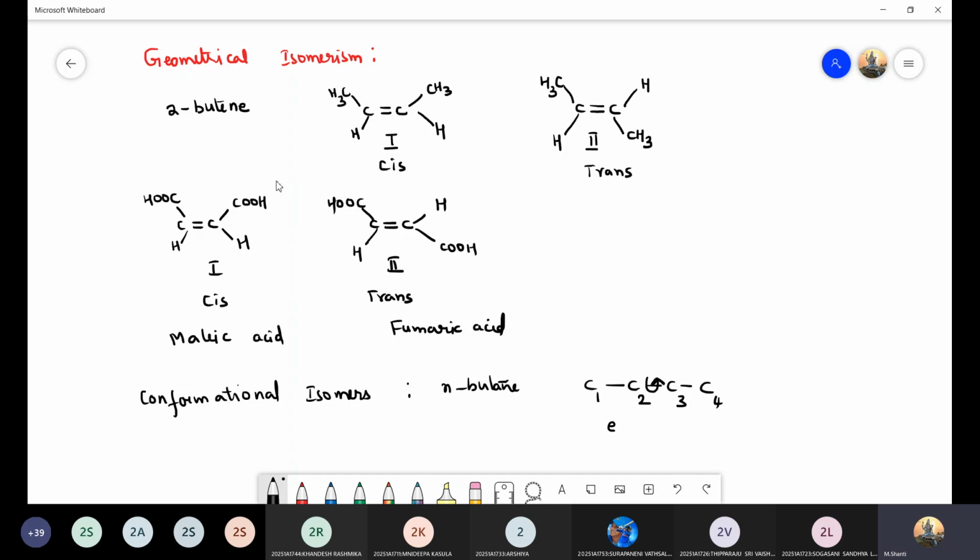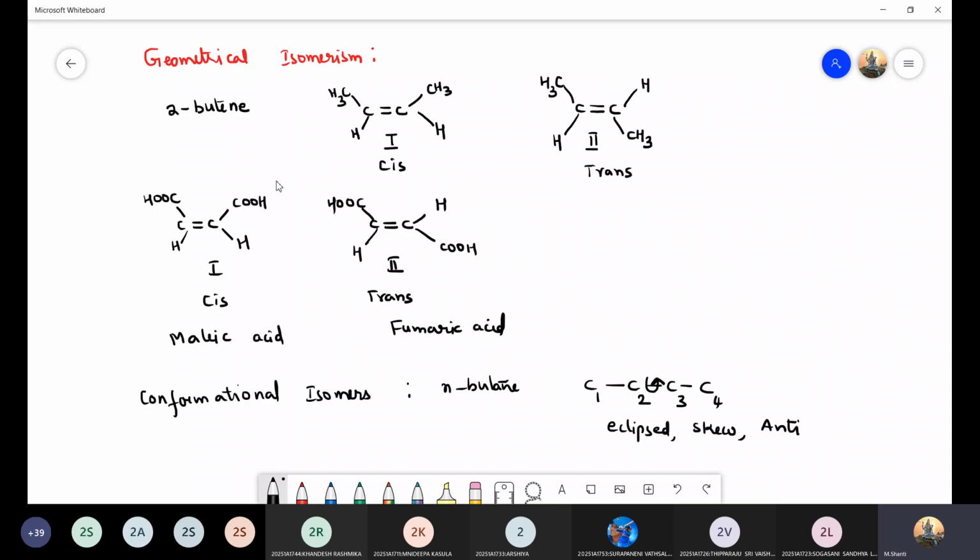Like, if you remember, you have the eclipsed form. Have you heard about these terms? Eclipsed, skew, anti. Eclipsed is where you have the 0-degree angle.